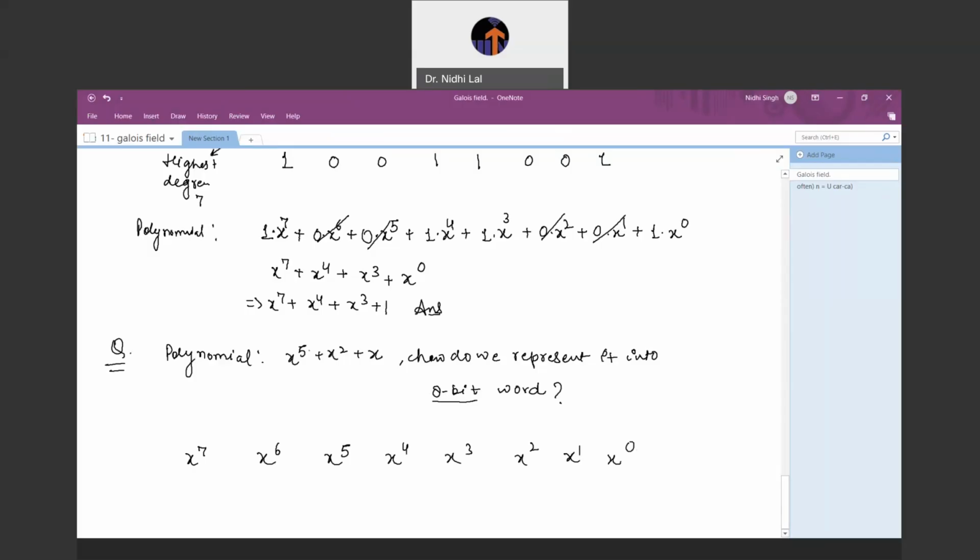Now identify which terms are present. x to the power 5 is present, so the coefficient value will be 1. x to the power 2 is also present, coefficient value will be 1. And x is also present, the coefficient value will be 1. The remaining coefficient values are 0. So what will be my final answer in binary? 0, 0, 1, 0, 0, 1, 1, 0.